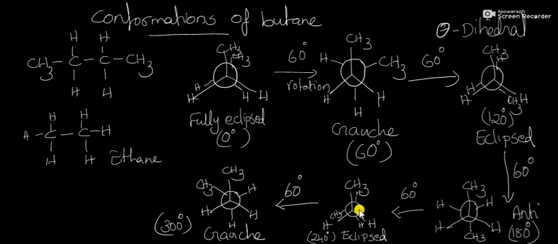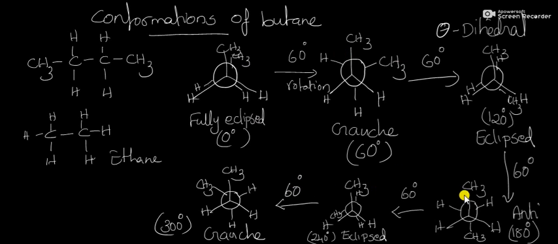It also consists of a fully eclipsed form and a fully staggered form. The fully staggered form is called anti-conformation. Which conformation will be more stable?